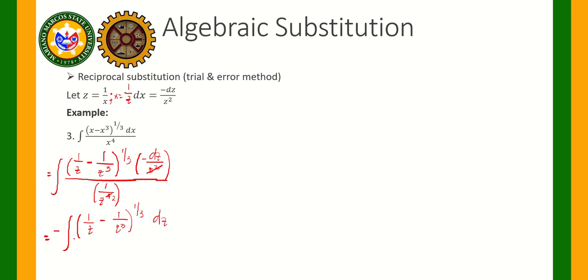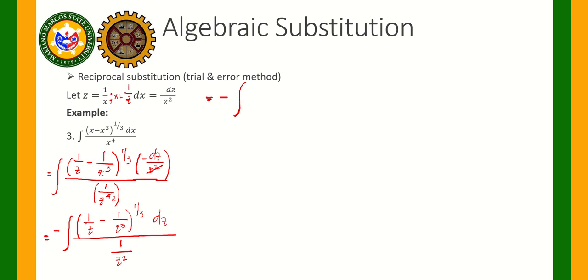Nilabas na natin si negative, all over 1 over z squared. Okay? So, simplifying further, this will be equal to negative the integral of, itaas natin si denominator.